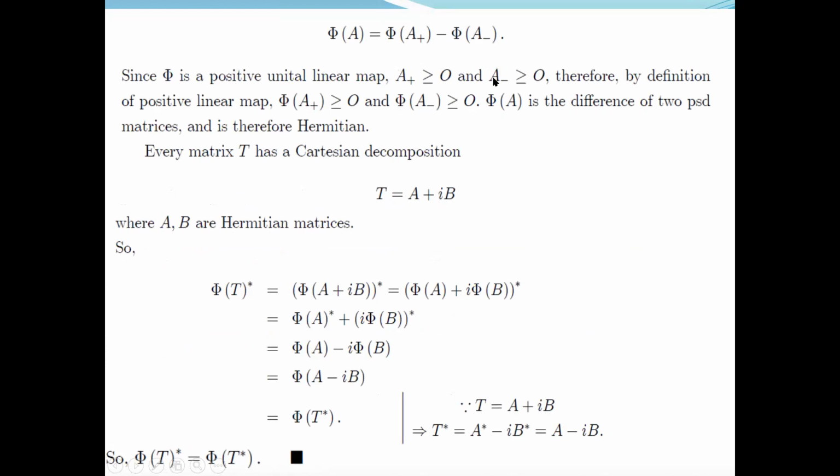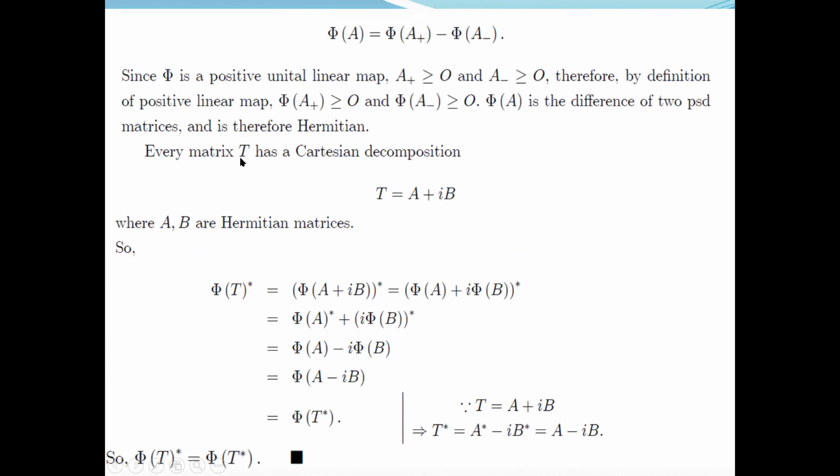Now here A plus and A minus are positive semi-definite and phi is a positive unital linear map. So phi of A plus, by definition, is also positive semi-definite, and phi of A minus is also positive semi-definite. So this is the difference of two positive semi-definite matrices, and hence is Hermitian, because this is the difference of two Hermitian matrices, which is Hermitian.